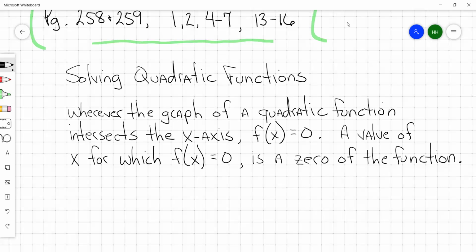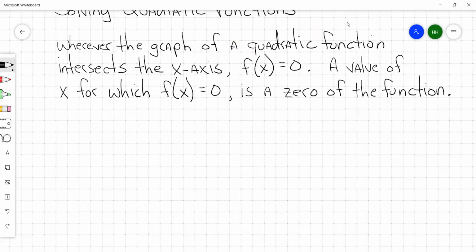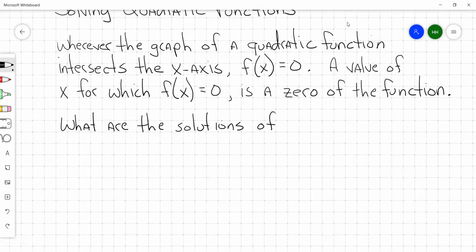But for today, you're going to be asked, what are the solutions of each function? Now, the easiest way to find the solutions to a function would be to type it into a graphing calculator, but we're not doing that.